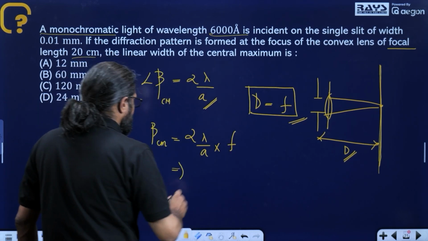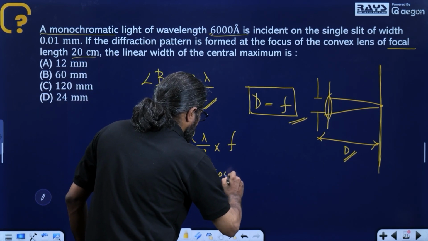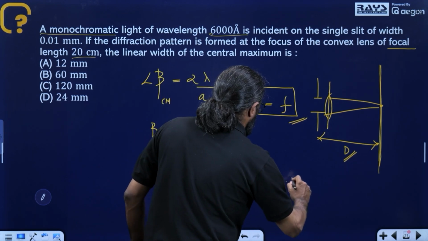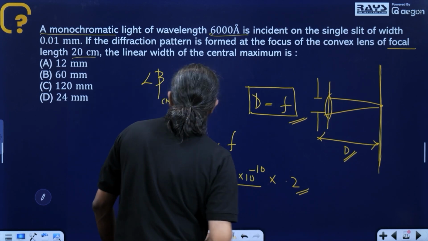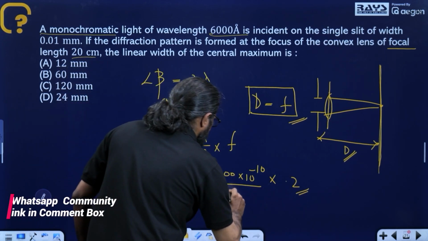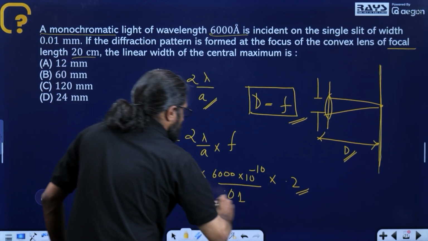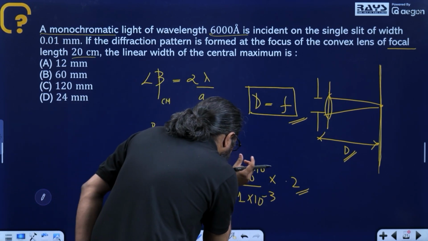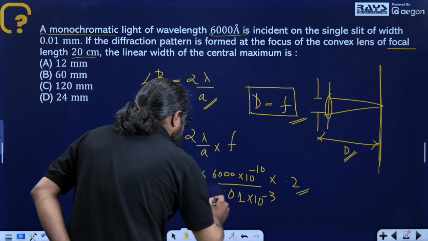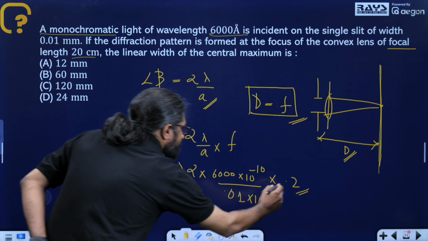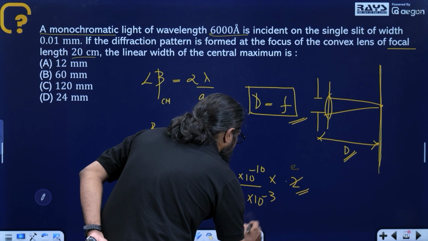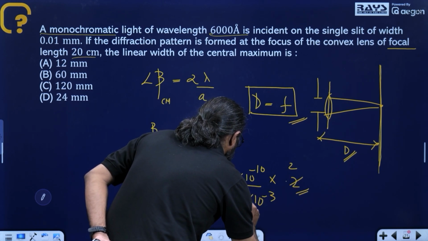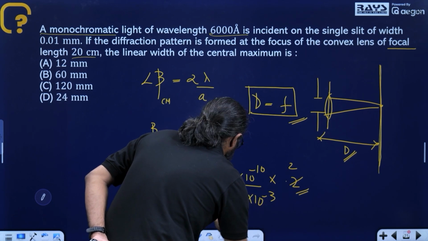Now that is 2 into 6000 into 10 raised to minus 10 multiplied with F is 0.2 divided by A is 0.01 millimeters, so that is into 10 raised to minus 3. Let me work on the powers of 10 in the first place. This is actually 2 and 0.1, and that makes it 1 and 10 to the power minus 4 at the base.